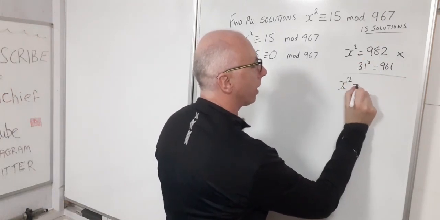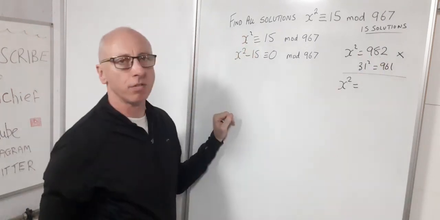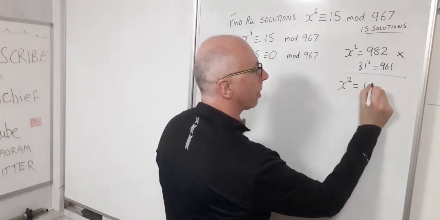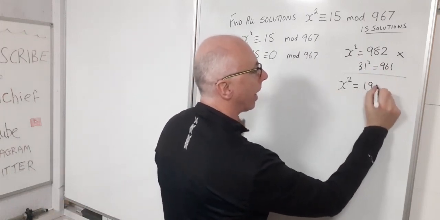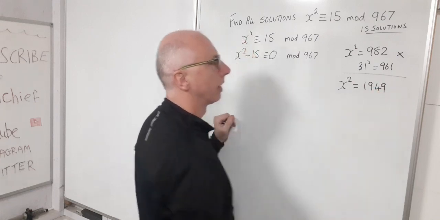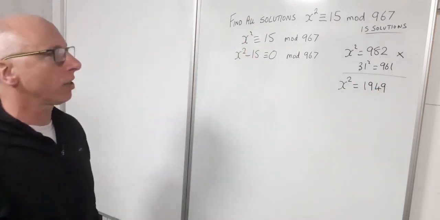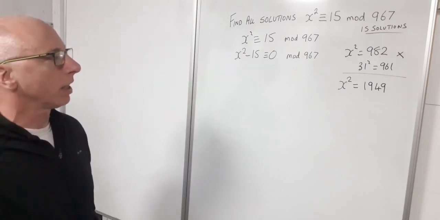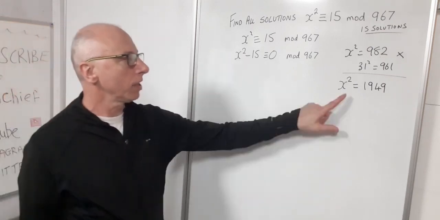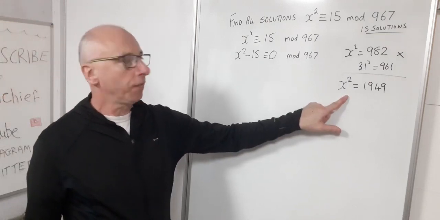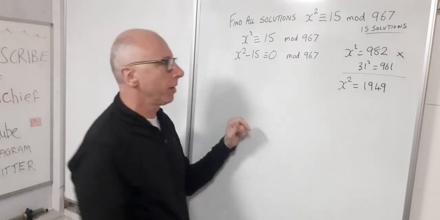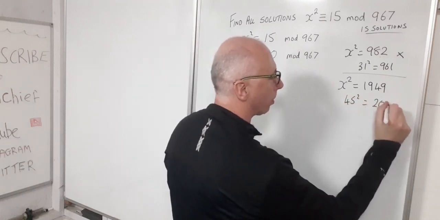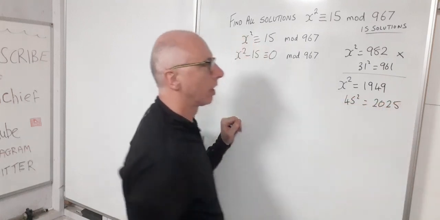x squared equals, adding 967 to that, we'll get 1949. Now, can we get a solution to that? Well, that's not looking particularly good either, because if we take 45 squared, that equals 2025.